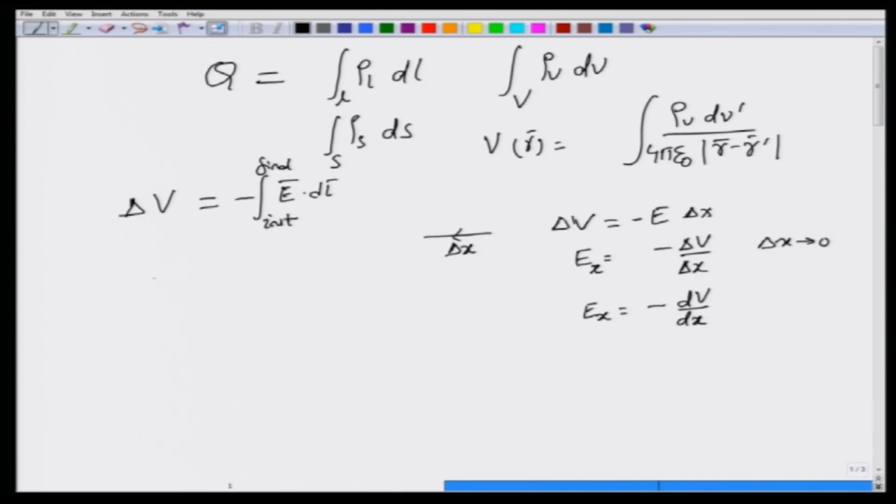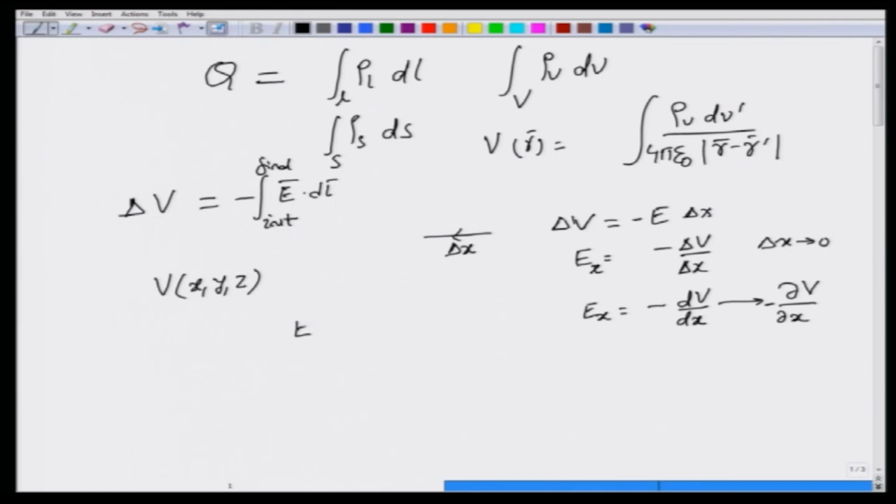However, in general the potential could be a function of all three coordinates: V would be a function of x, y and z. In that case, I have to replace dV by dx with the corresponding partial derivative, minus del V by del x. So, I can build up the other components of the electric field by following this idea.